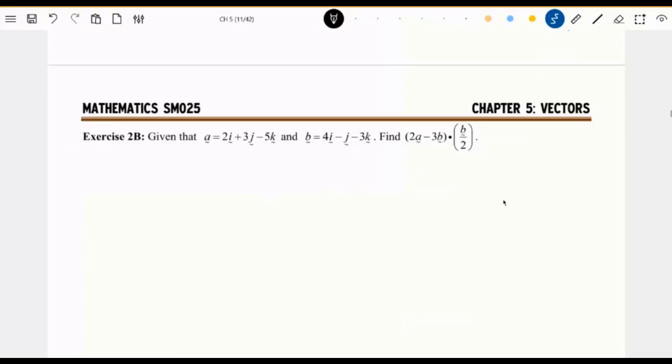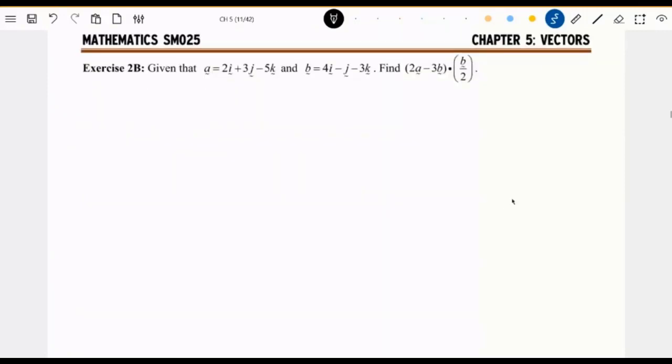So the next one will be exercise 2B. Have you done this one already? Yes, Miss. So for 2A minus 3B, what did you get? Negative 8i plus 9j minus k.